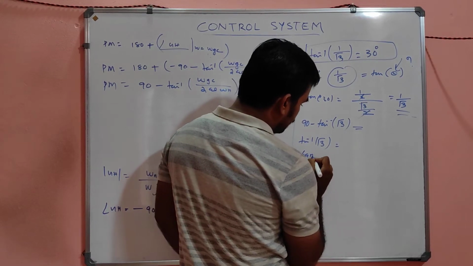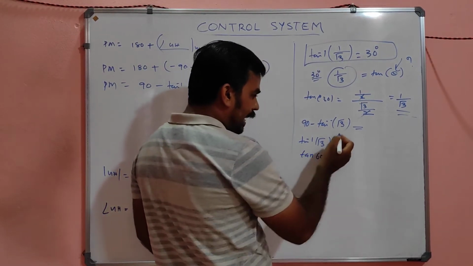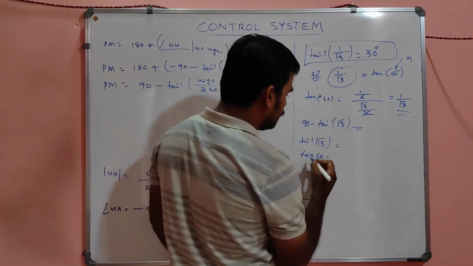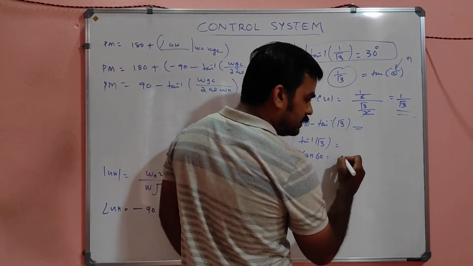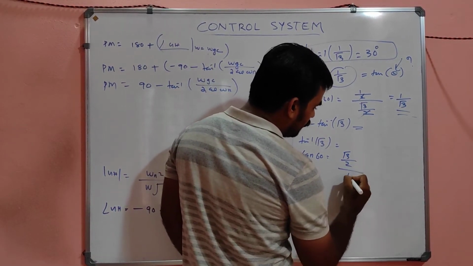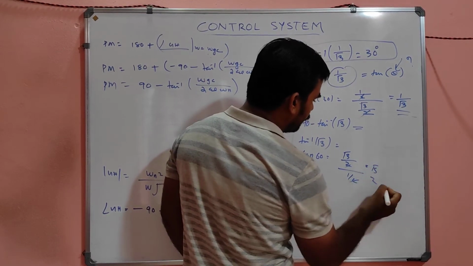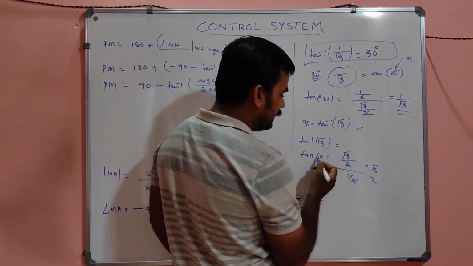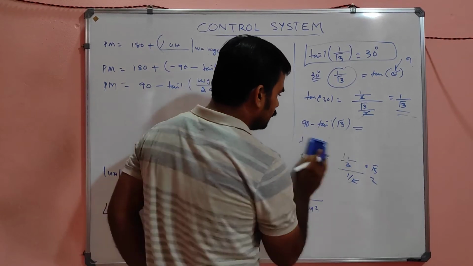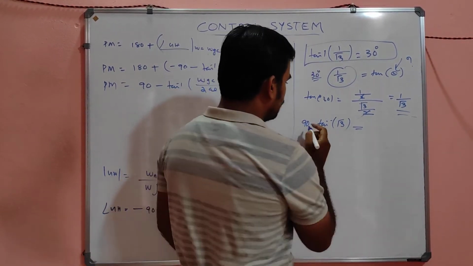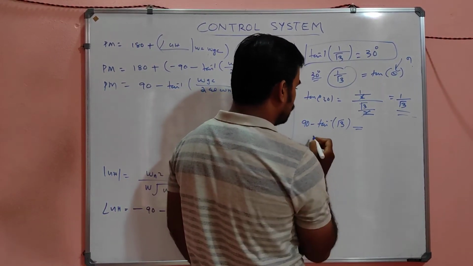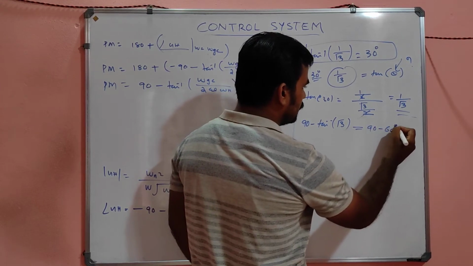Take tan 60, because tan of something gives the value root 3. Tan 60 is sin 60 by cos 60, root 3 by 2 divided by 1 by 2, which is simply root 3. So tan inverse root 3 is 60 degree. So 90 minus tan inverse root 3 is 90 minus 60, which is 30.